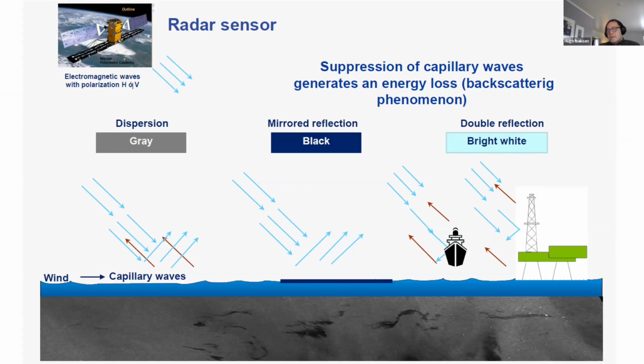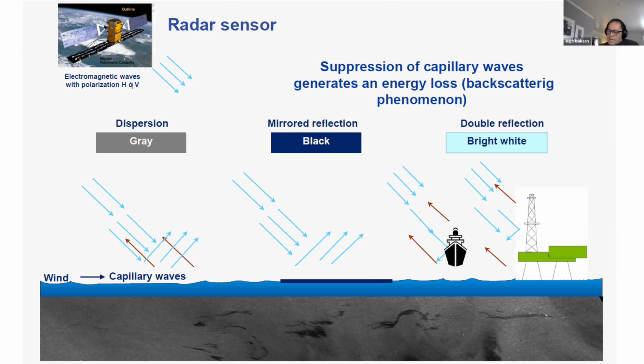So the SAR satellite sensor emits energy and some is reflected back. Here's an example of how we detect oil spill. We have a little bit of wind on the sea surface, and you see the SAR image in the bottom of this slide.